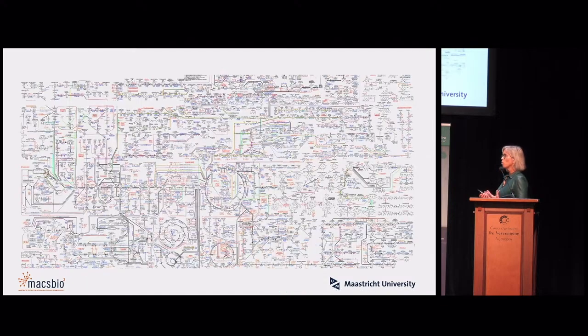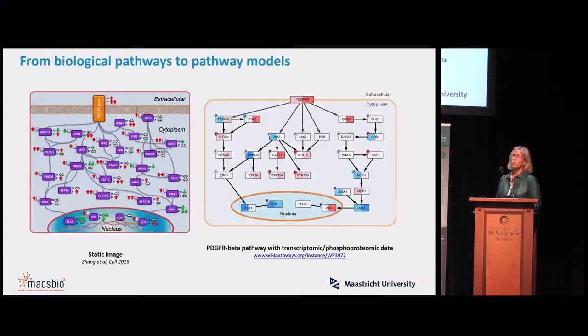However, what all these approaches to data analysis largely ignore is all the biological knowledge that we and others have accumulated over the last decades. So, what we are doing more and more nowadays is trying to use that biological knowledge in our data analysis.